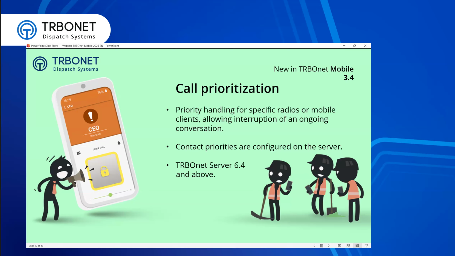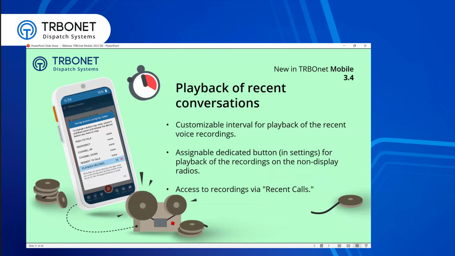As soon as this configuration is done on the server, it will be immediately applied to all the profiles and all the users in the field. You don't need to take devices into the office. As soon as you click apply on the server, and you do it once for everybody, it will immediately be applied for everybody in the system.